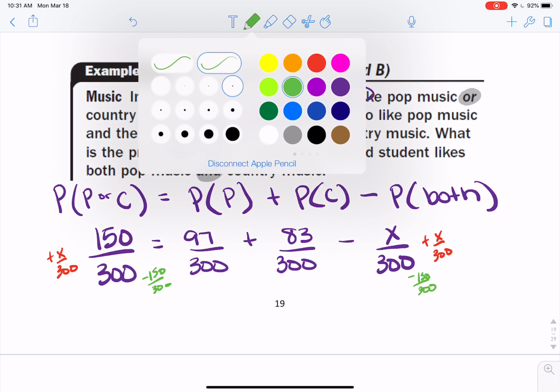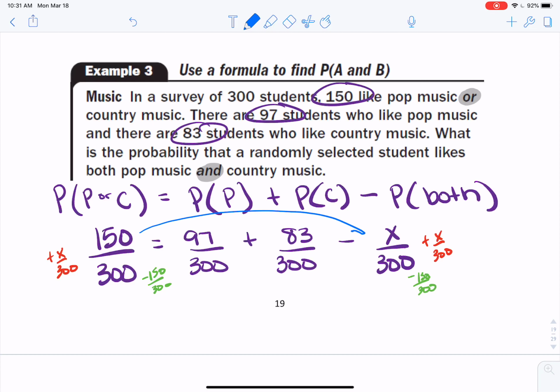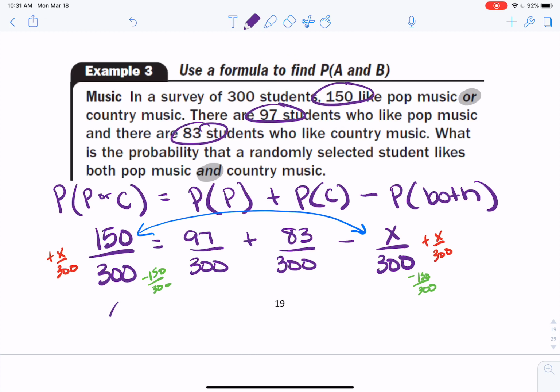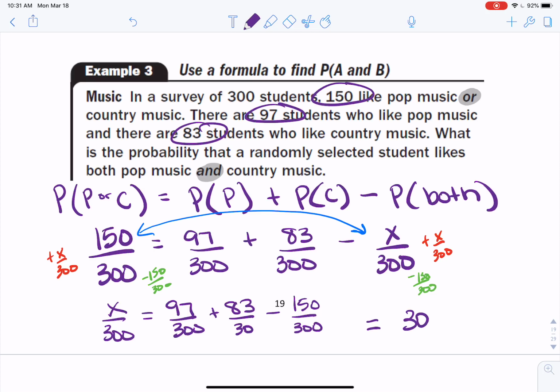So essentially you're just flipping these two around. So when you do that, it looks like x over 300 is equal to 97 over 300 plus 83 over 300 minus 150 over 300. And in your calculator, if you took 97 plus 83 minus 150, you would get 30 students out of 300.